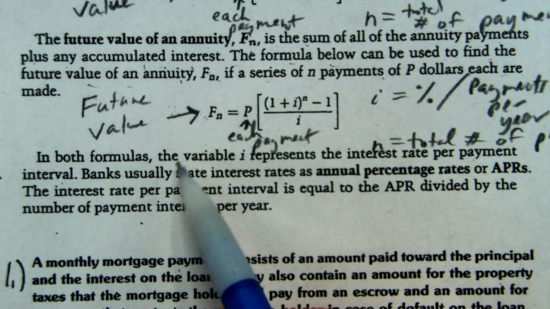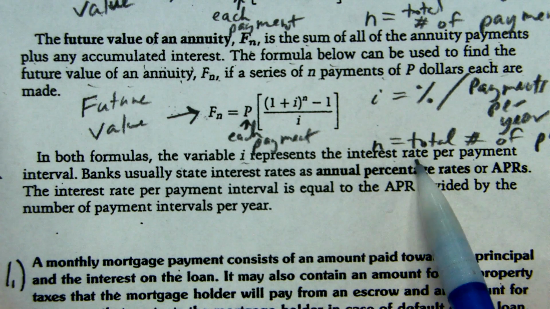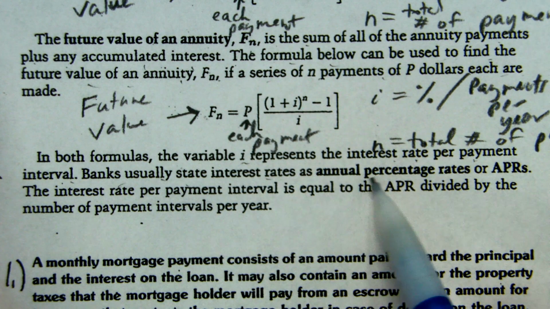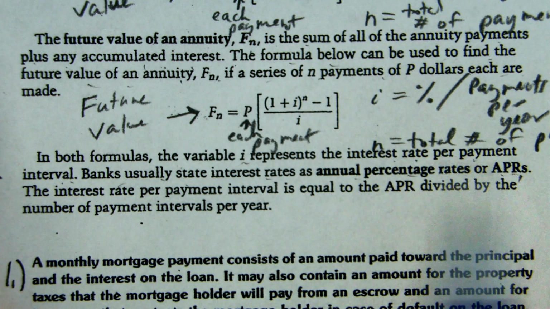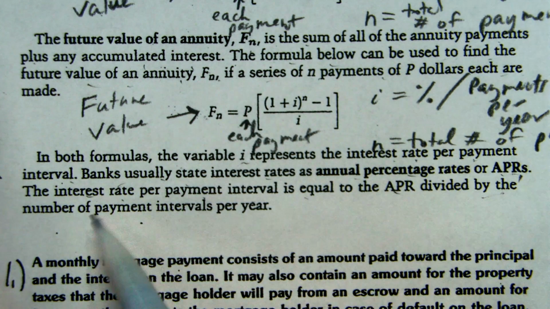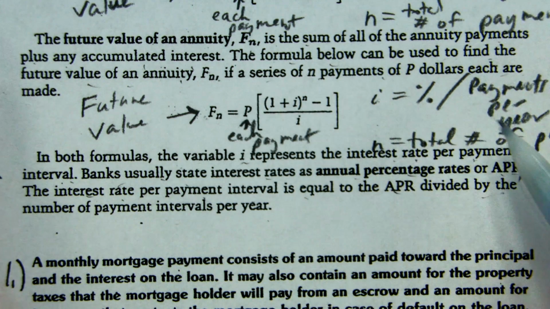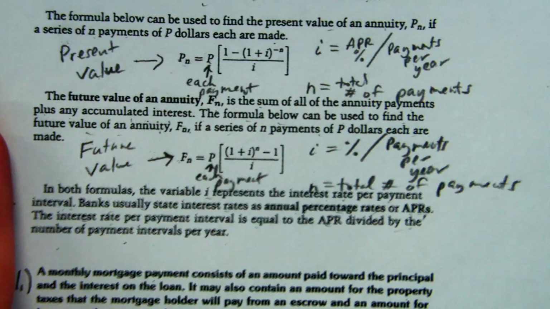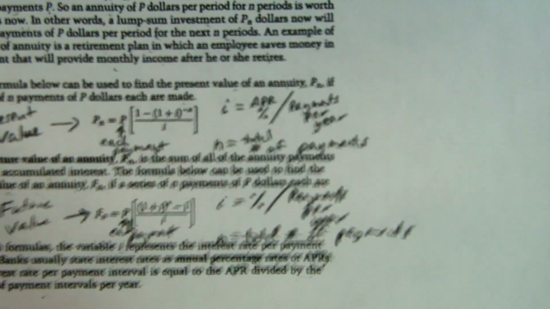And so in both formulas, the variable I represents the interest rate per payment interval. Banks usually state the interest rates as annual percentage rates, or APRs. The interest rate per payment interval is equal to the APR divided by the number of payments, which is what we just did here. So these formulas can be used for a number of different things.